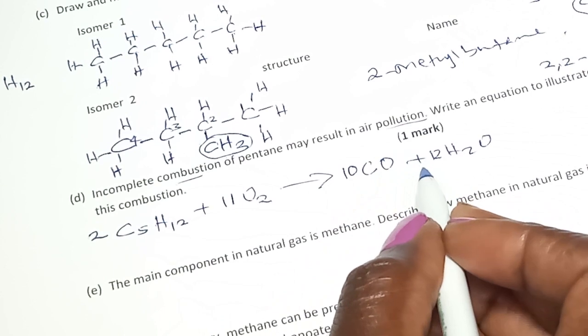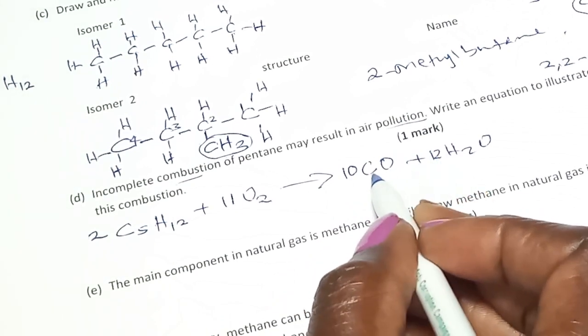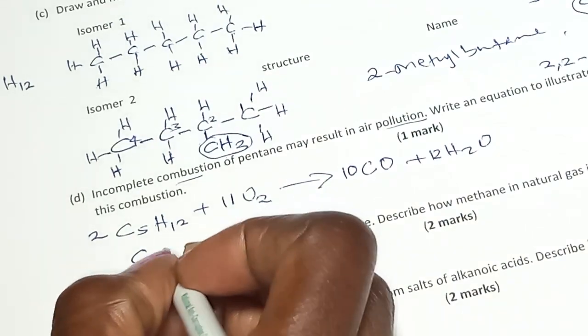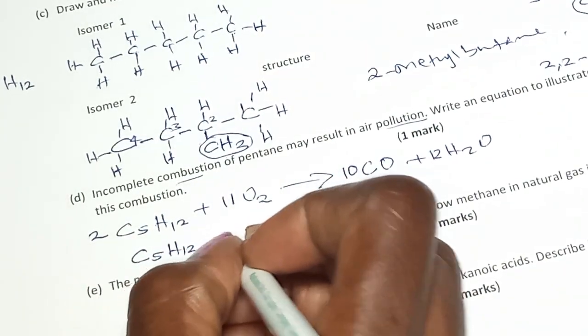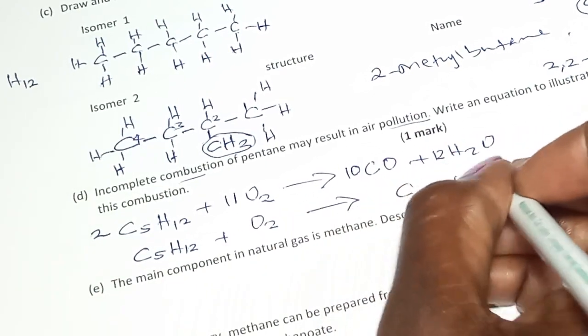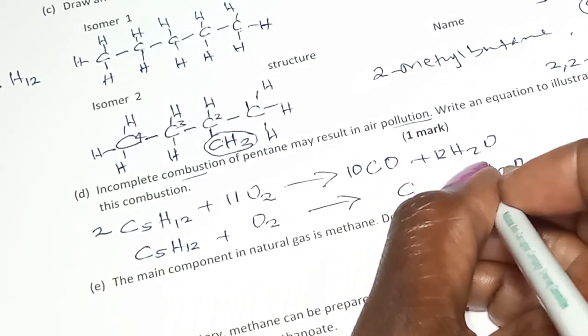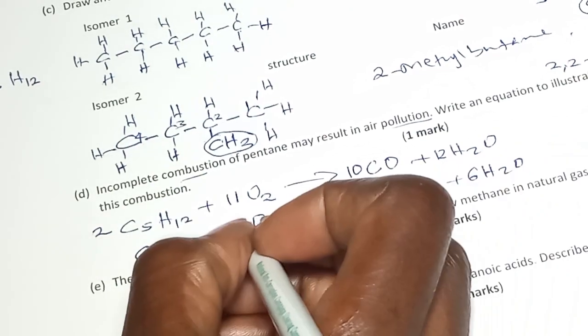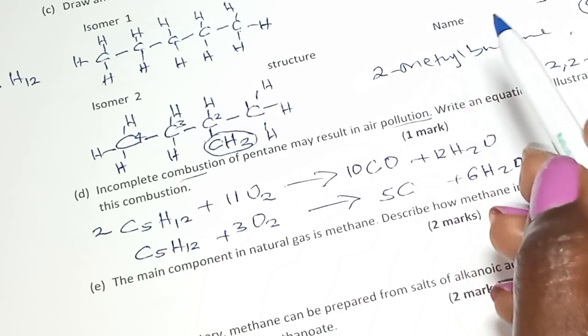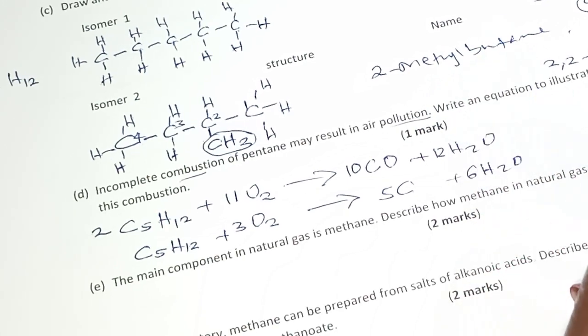Another incomplete combustion will give, instead of carbon monoxide, soot, that is carbon. So you can write C5H12 in the presence of oxygen to form carbon plus water. If you balance, the coefficients are 6 and 5, here 3. These two products can be obtained whenever you burn any alkane in a limited supply of oxygen, that is incomplete combustion.